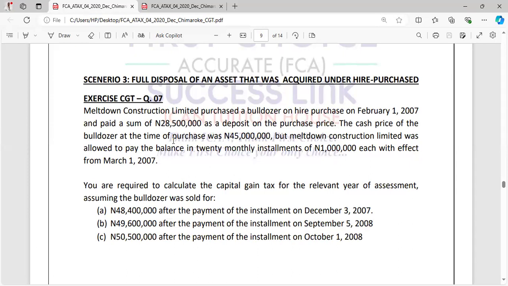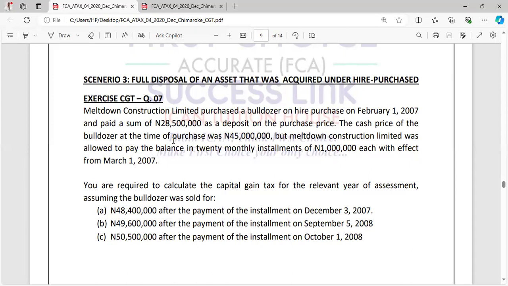When you are making a hire purchase, you are not the owner of the asset until it is fully paid and you are given the title. But who enjoys the asset? It is the man who has the asset in his possession. So when you are entering the asset in your books, even though you have not paid everything, you record it at cash price. And since the asset is being enjoyed by you, the asset is seen to be yours.